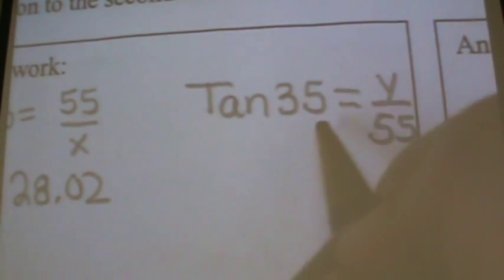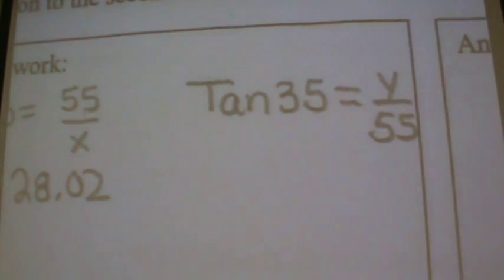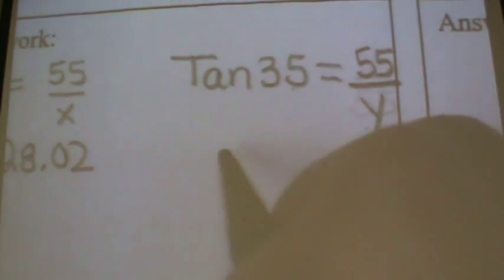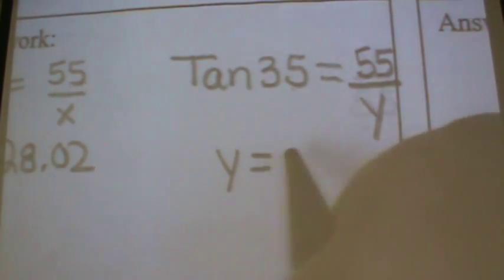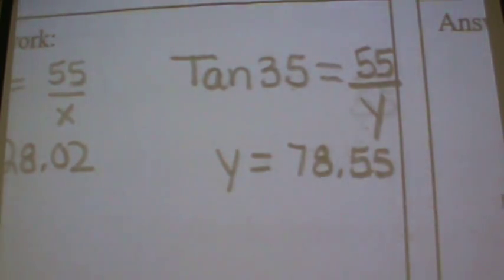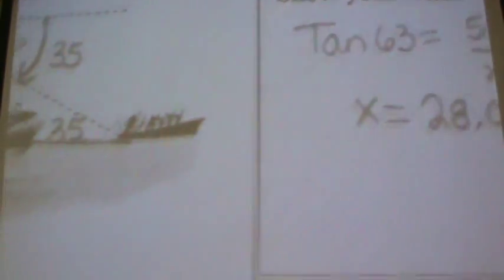And again, cross multiply. I'm sorry, 55 over y. Opposite over adjacent. So now do 55 divided by tangent of 35. This one is 78.55. The question is asking you, how far apart are the two boats?